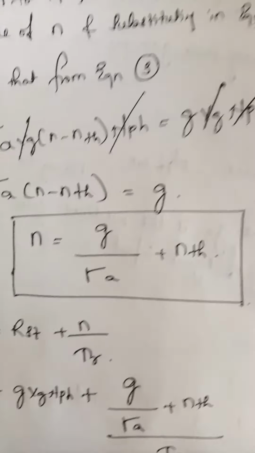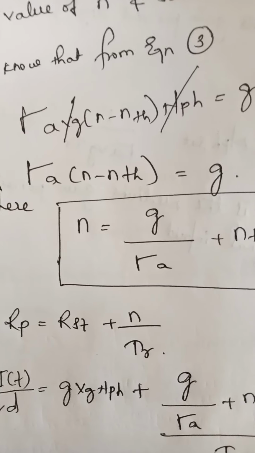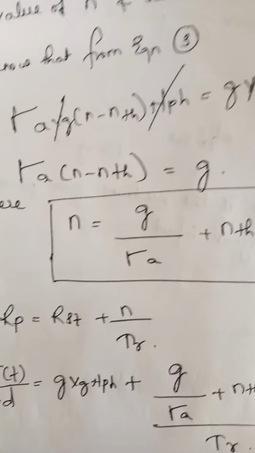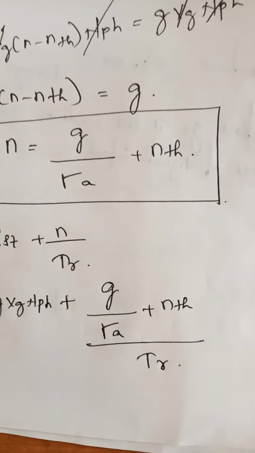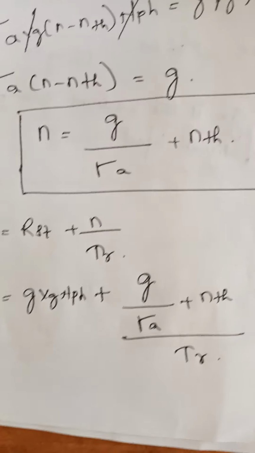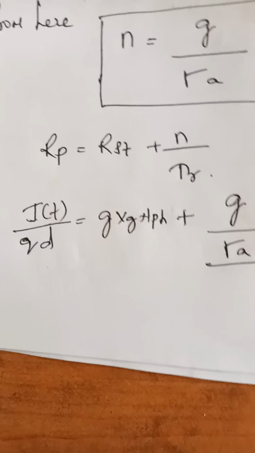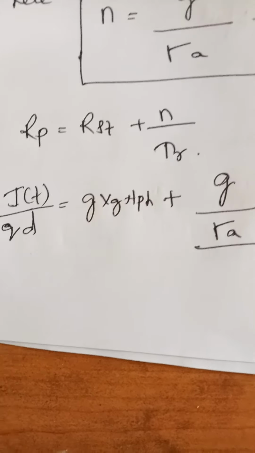So Nph will get cancelled. So Gamma (N minus Nth) is equal to G. Or you can rearrange the equation and say N is equal to G/(Gamma A) plus Nth.